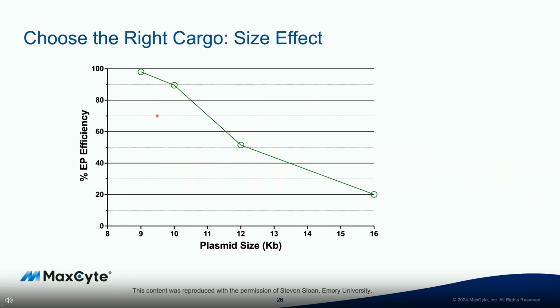With iPS cells, you can still get up to a 10 kb plasmid in before the efficiency starts going down. With primary cells, it's much more challenging to get larger DNA plasmids of 9 kb in. If it's T cells, for example, you might be starting at 20 to 30% instead of over 90%. So I just wanted to point out how the size of the DNA plasmid could affect the transfection efficiency.